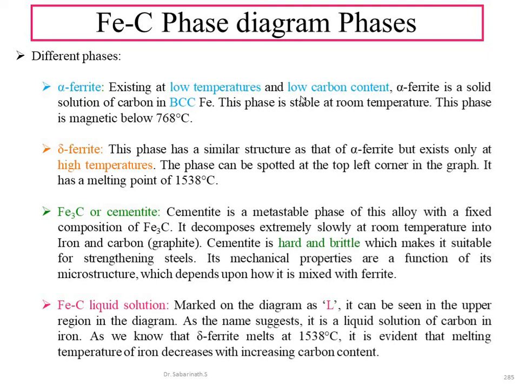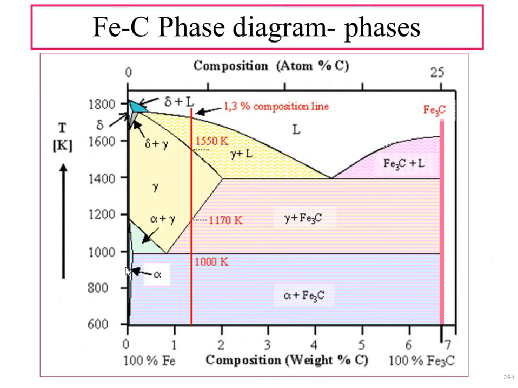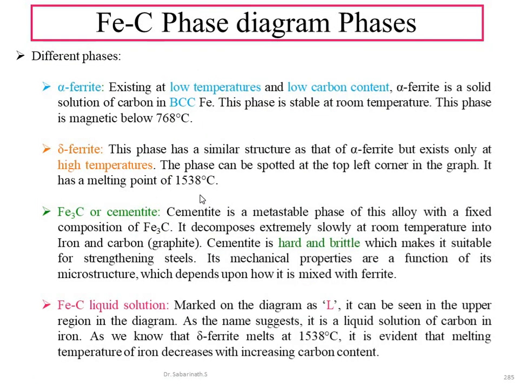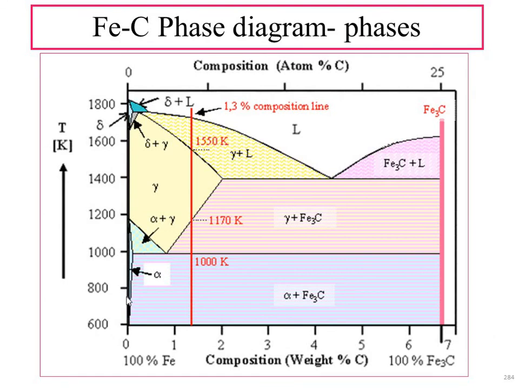This phase is stable at room temperature, and it also turns magnetic below 768 degrees centigrade. So somewhere here, from somewhere here to here at the bottom, it will turn into a magnet.